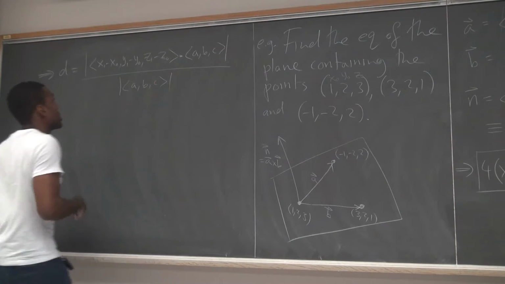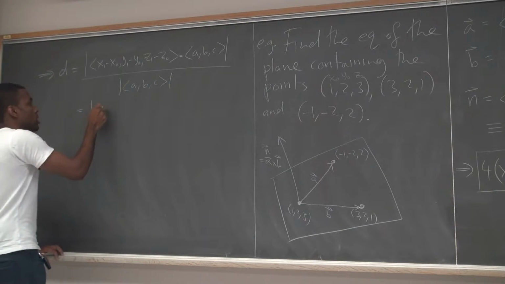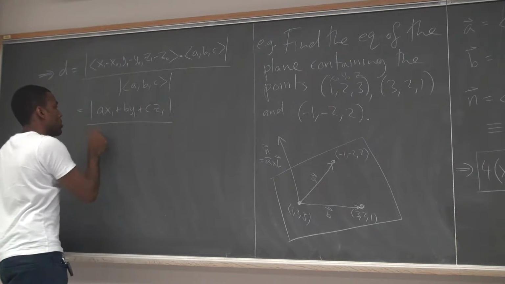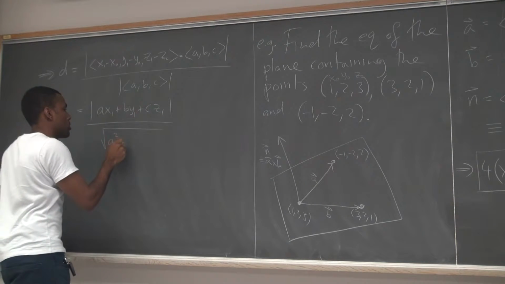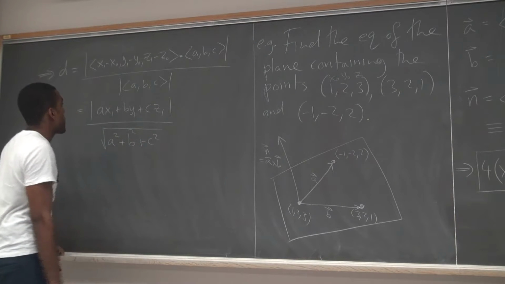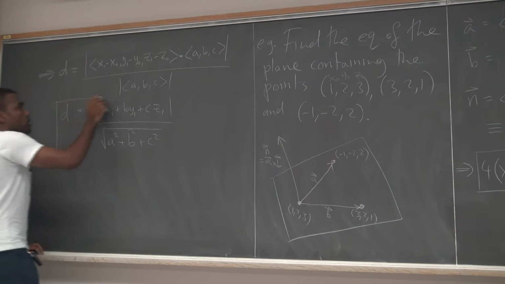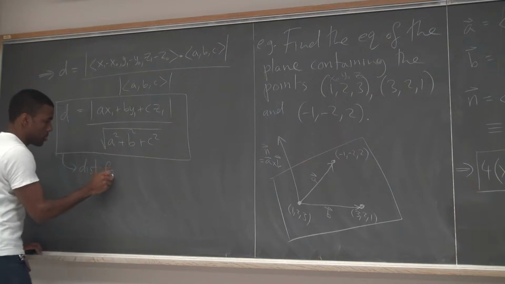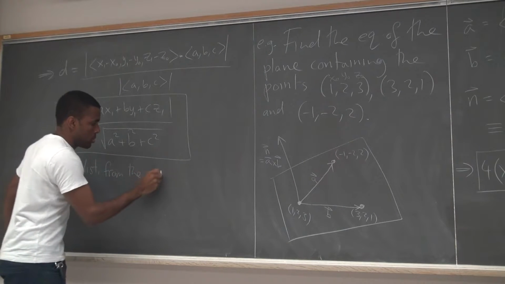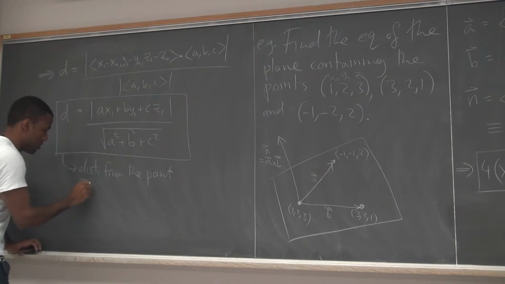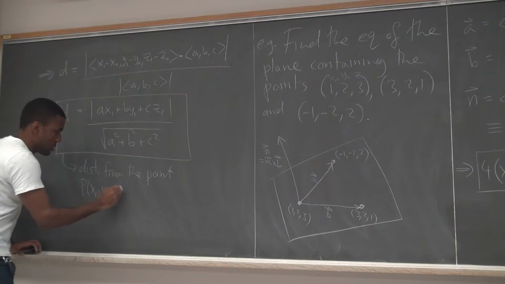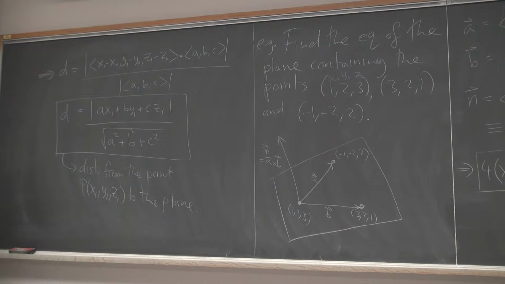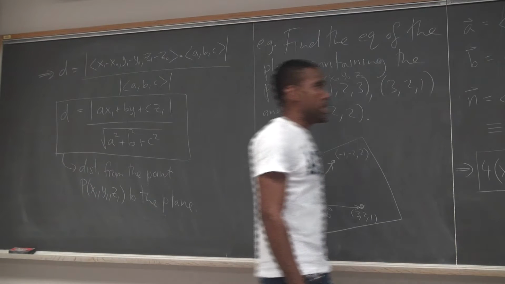That's the scalar projection. So this would actually give us ax1 plus by1 plus cz1 all over the radical. That gives us a distance formula from a point to a plane.